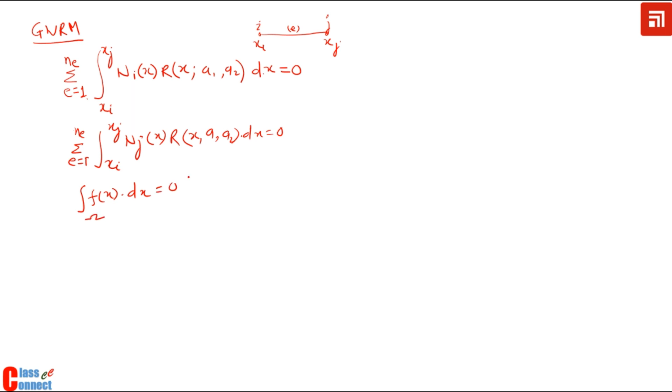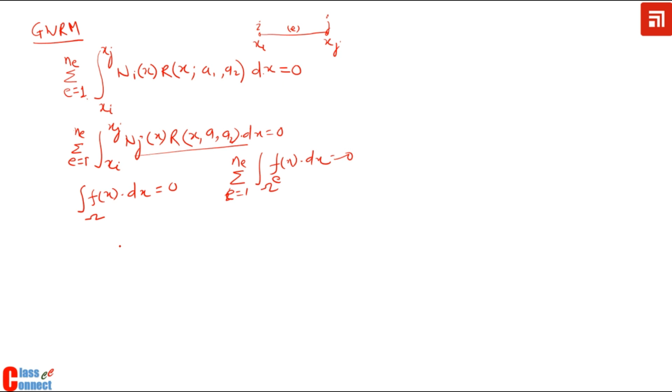This is equal to 0, and I can represent this equation in finite element form as the summation from e is equal to 1 to ne of the integral over omega e of f(x) dx is equal to 0. This is what we apply when we use the Galerkin weighted residual method. We use this function for each and every node.